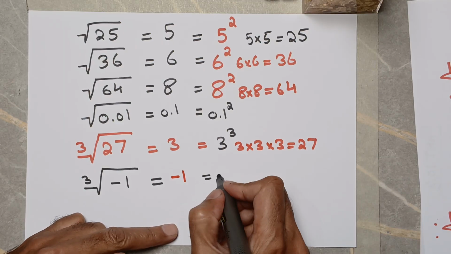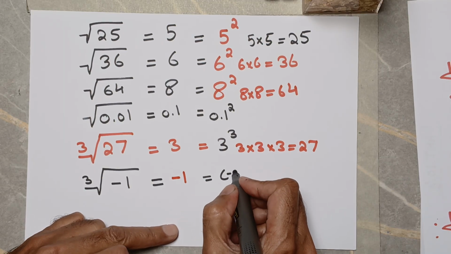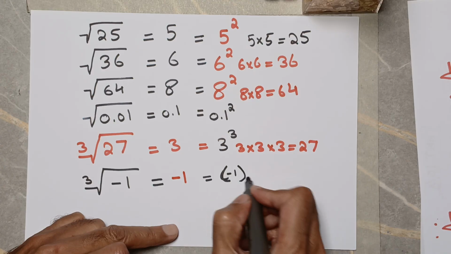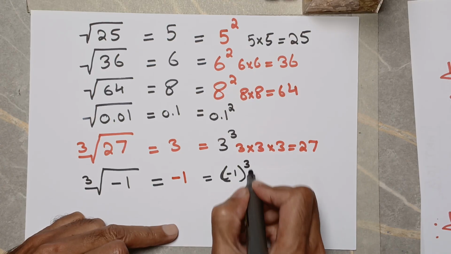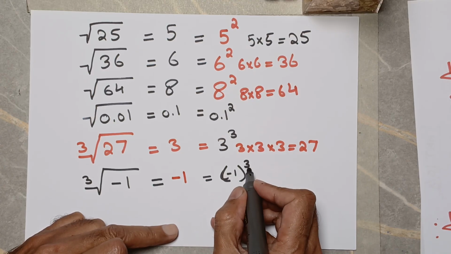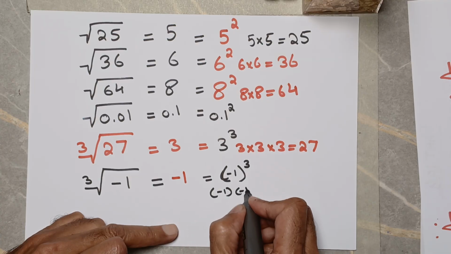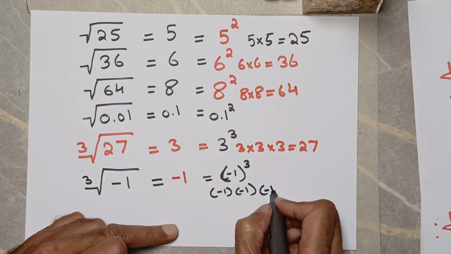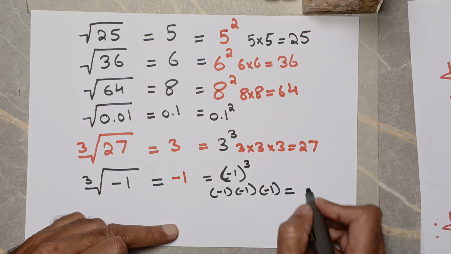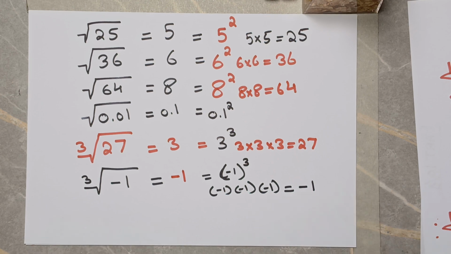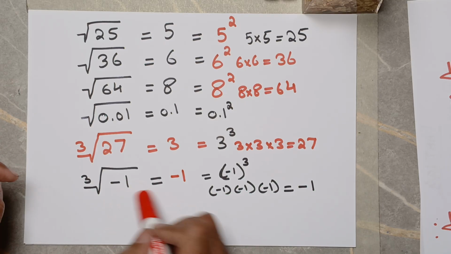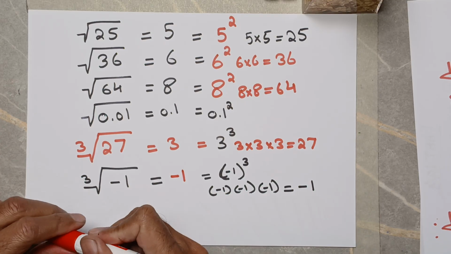If you write it as -1 in the parentheses, so -1 raised to the power 3, and here you can easily see -1, -1 and -1. If they are multiplied, what will you get? You will get obviously -1 over here. So the cube root of -1 is -1.